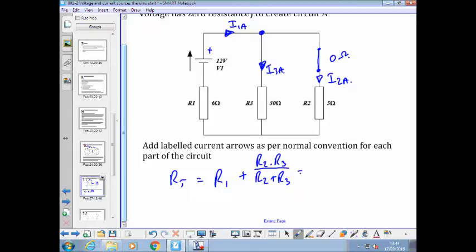There's 6 plus, go in the order they're in, sorry, 5 times 30 over 35 equals, buttons pushed please. 10.3 ohms. Yeah.